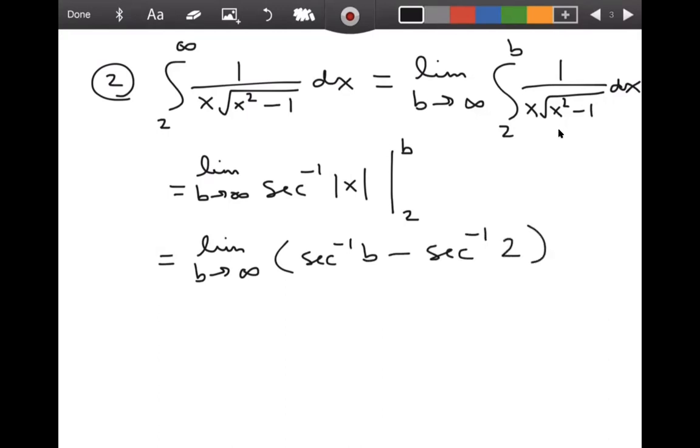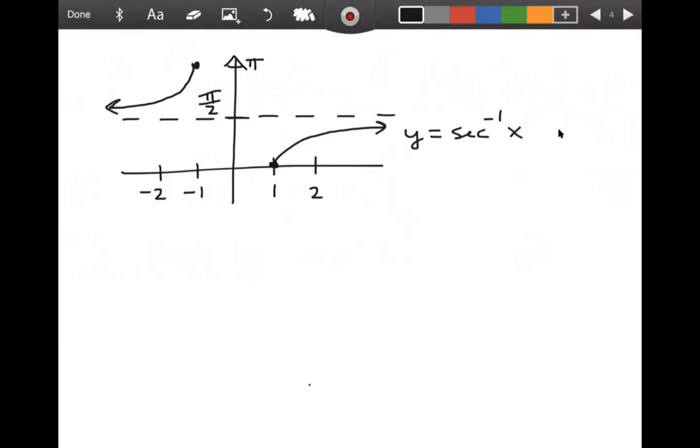So what does the inverse secant of b do as b increases without bound? Well, I wouldn't blame you if you didn't know the answer right off the top of your head, and so I have drawn a little picture for you. Here is the graph of the function y equals inverse secant of x.